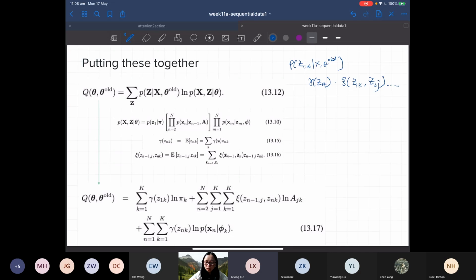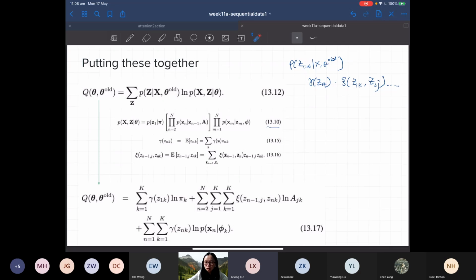So we use the log to pull apart 13.10, and we end up with this particular expression, right? So the initial probability term is multiplying log pi, the transition term is multiplying log of A, and the emission probability is multiplying the gammas for the subsequent bits.